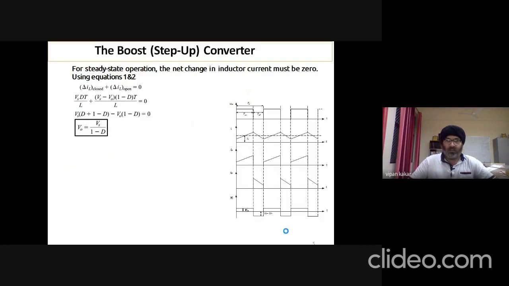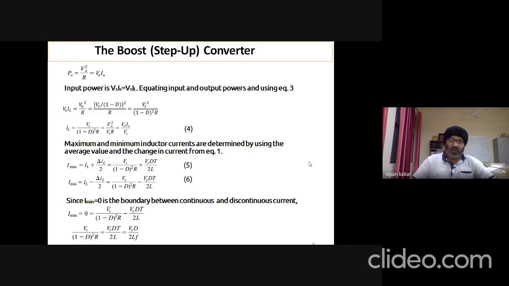Okay, going further with the mathematical analysis, we know that the average power in this circuit is output voltage squared divided by R, or voltage multiplied by current. Now we can find the input and output powers.